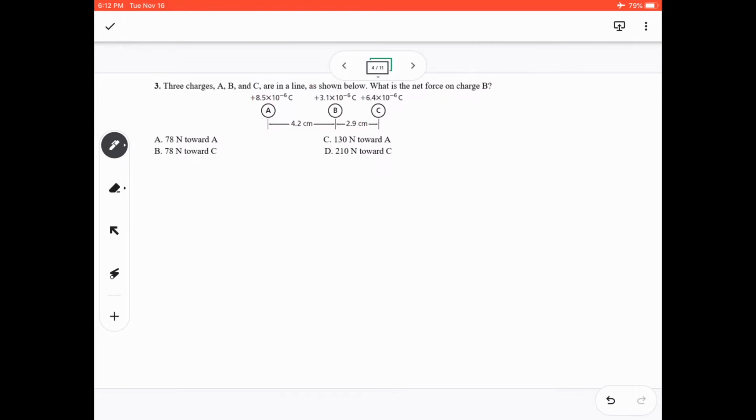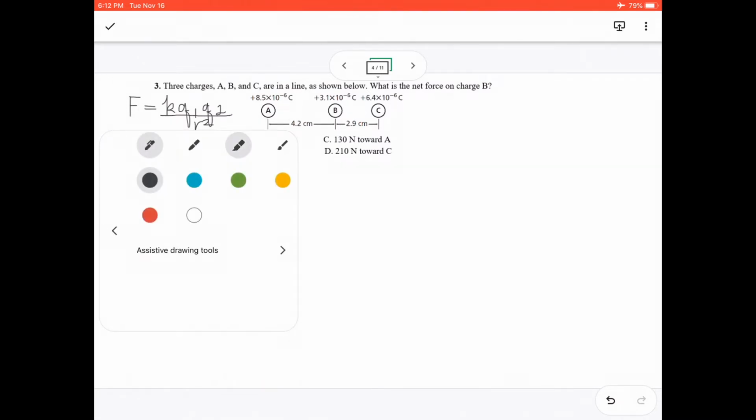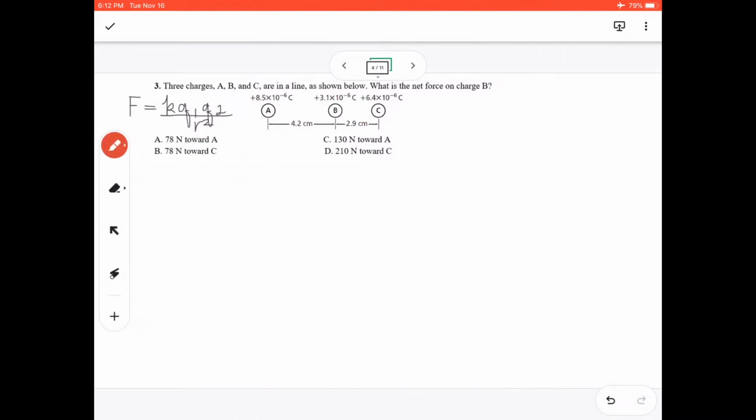This problem is actually an application of Coulomb's law, which is F is equal to K Q1 Q2 divided by R squared. You can change the subscripts of Q's. We can use A or B or C according to our problem. First and foremost, we're going to solve the force of charge A on B.